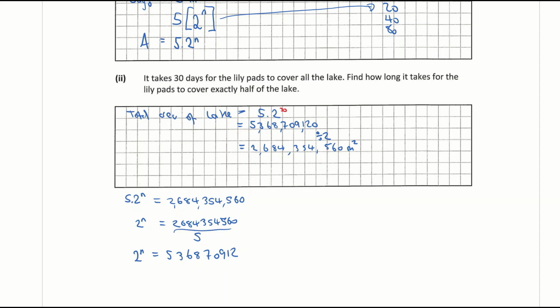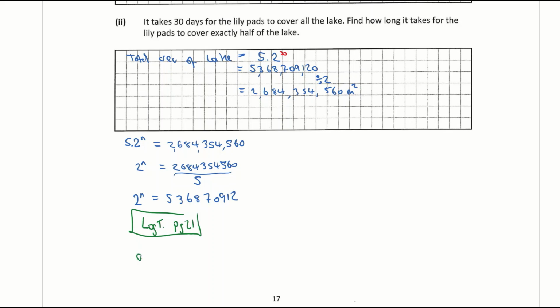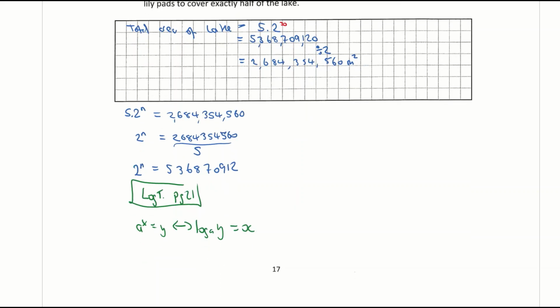I'm going to again use my logs tables on page 21, top right hand corner here, and it says a to the power of x is equal to y is the same as log base a of y is equal to x. And filling that in now, I have my log. Now I need my a.